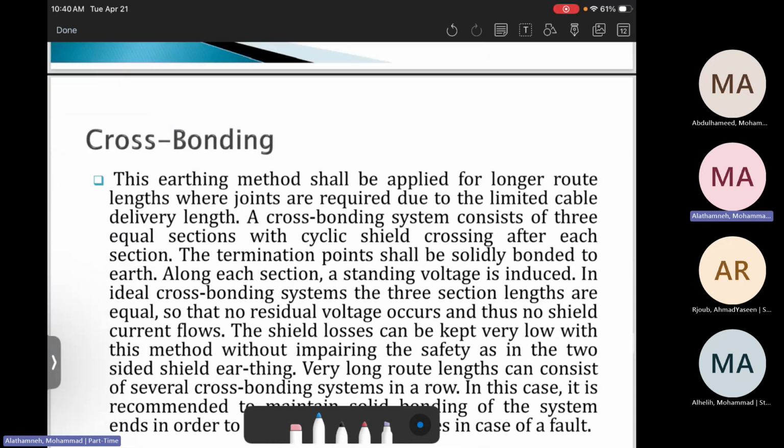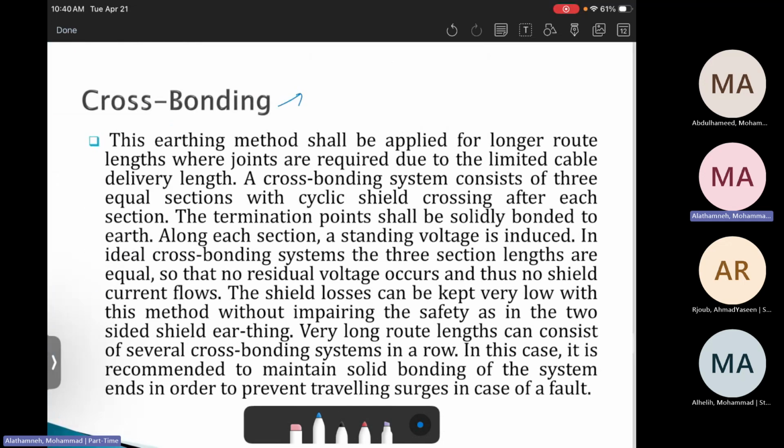Then the other method, cross bonding, is the best and is used for long distances, for high voltage, and also when we have a lot of joints. This earthing method is applied for longer route lengths, when joints are required due to limited cable delivery.